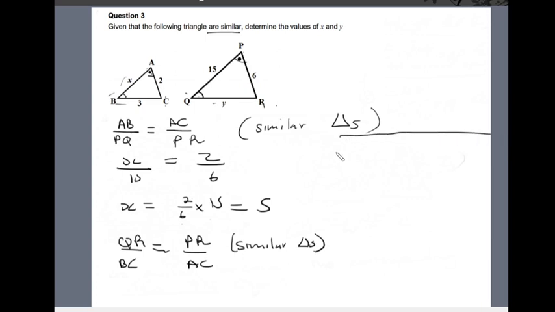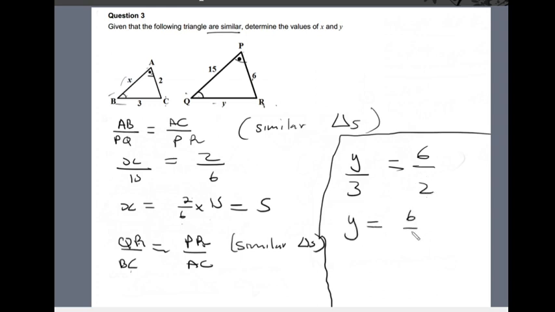Similar triangles, we have corresponding sides. So I'll continue here, QR is y, BC is 3, PR is 6, AC is 2. So y is equal to 6 over 2 times 3, right? And then we know 6 over 2 is 3. 3 times 3 is 9. So y is equal to 9.